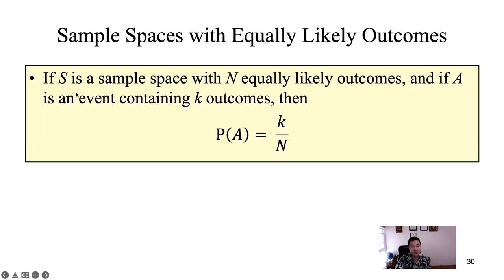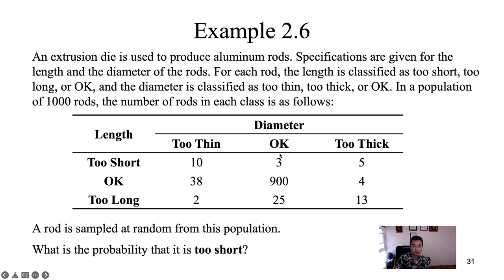So if S is a sample space with equally likely outcomes, like tossing a die, where the sample space is 1, 2, 3, 4, 5, 6, and each of these 6 outcomes is equally likely, then P(A) is equal to K over N. All right, so that's the definition.